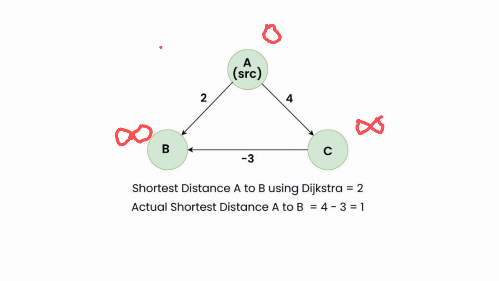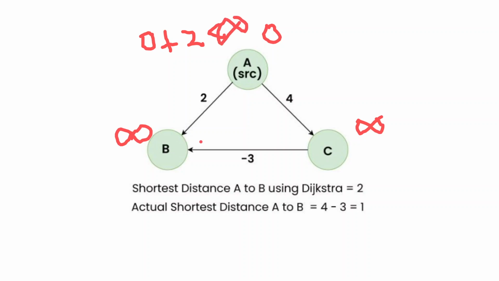Now you start with this node. You add the value of the current node plus the weight of the edge to the neighbor, which is 2 to B. And you check whether that is less than infinity.